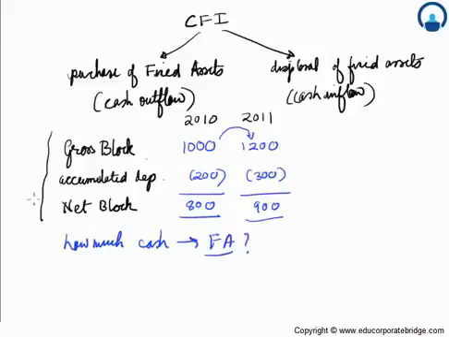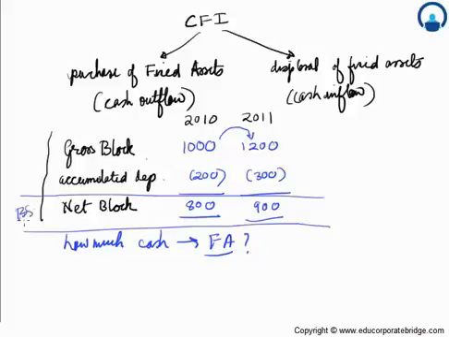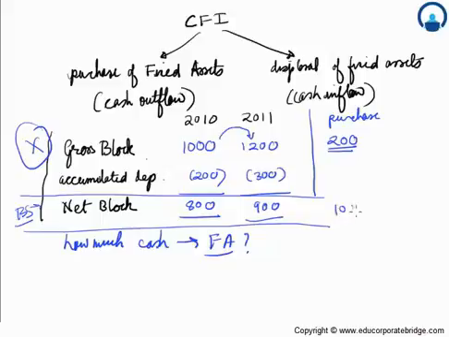Many times in the balance sheet you're only provided with the net block and you are not provided with the gross block. If you look at this case, how much has been the purchase of fixed asset? Purchase of fixed asset has been to an extent of 200. But when we just look at the net block, we note that the difference is only 100.